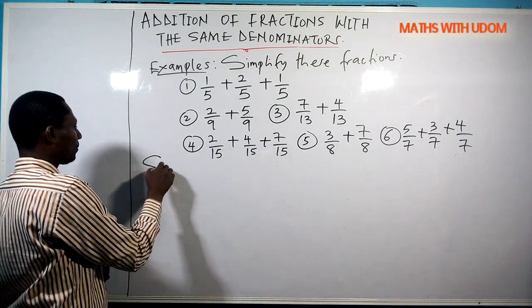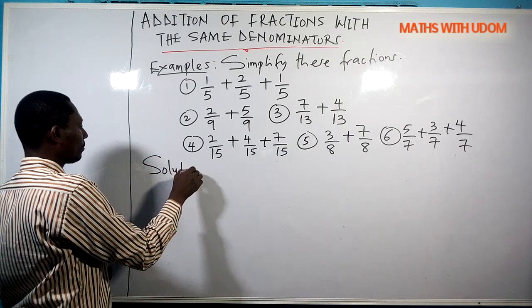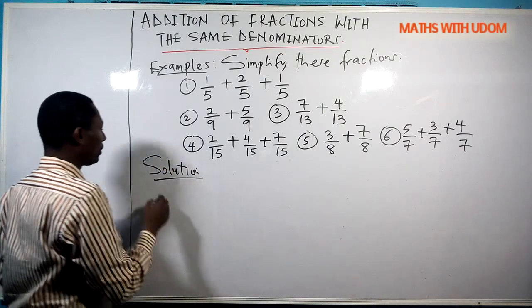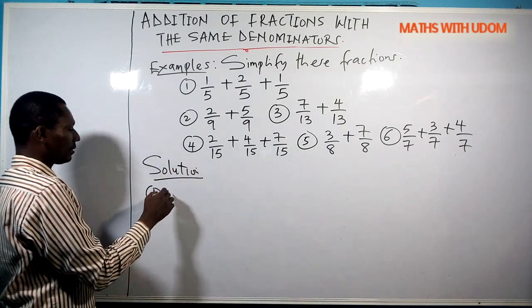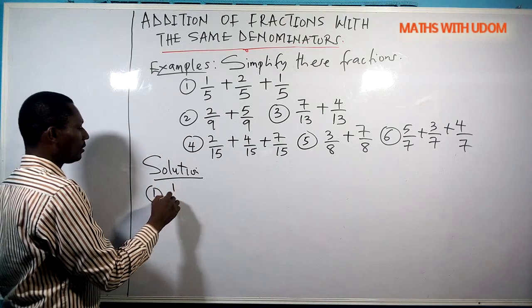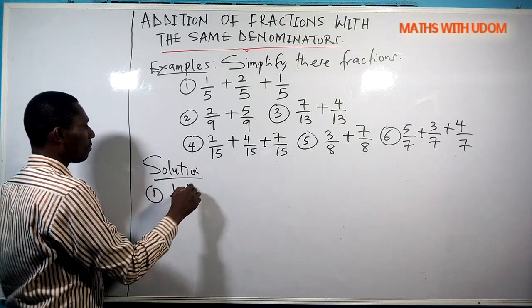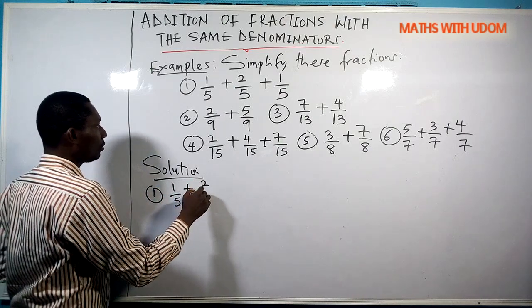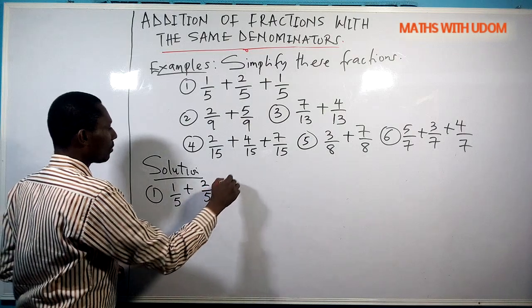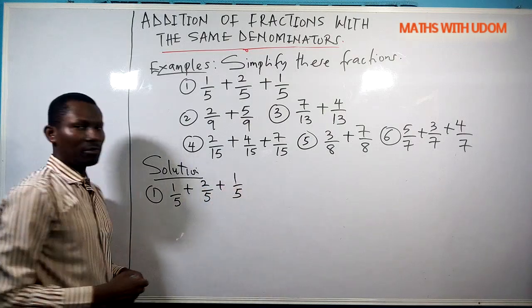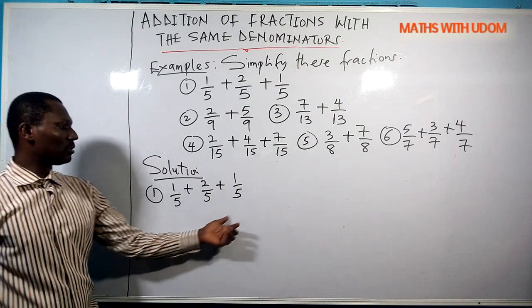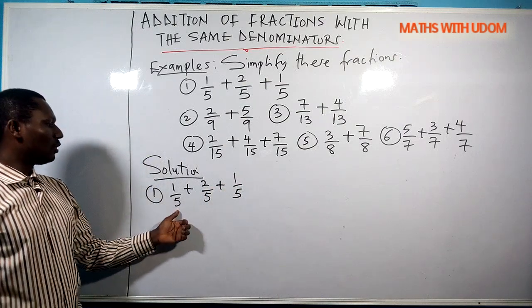Solution. So the first example says simplify 1 over 5 plus 2 over 5 plus 1 over 5. If we check through these fractions, what do you notice?